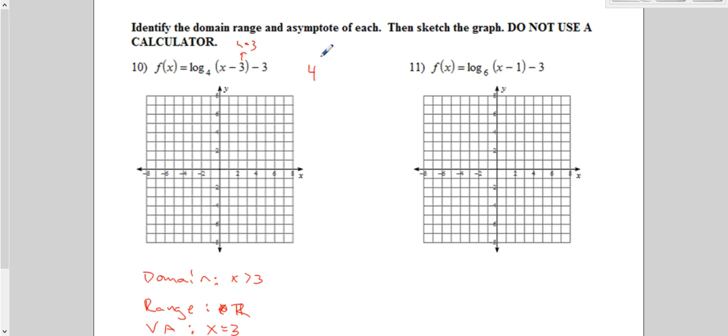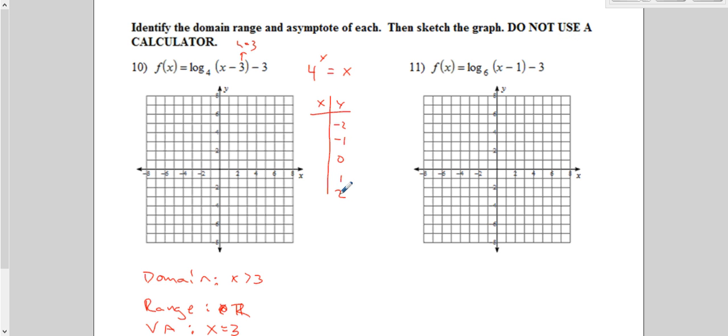And remember, it's 4 to the y equals x. Okay, and that would be rewriting this in exponential format without the shifting. Okay, so we'll make an xy table. But with logarithmic functions, we're going to put in -2, -1, 0, 1, and 2 for y.